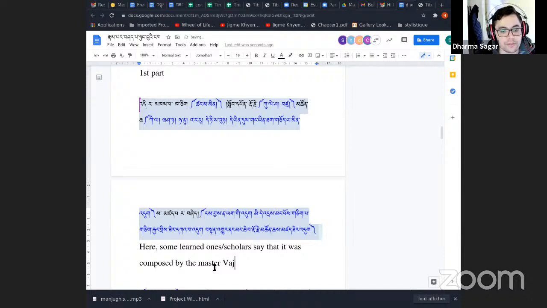So here Vajra weapon. Okay. So that is the literal translation of what the text says.